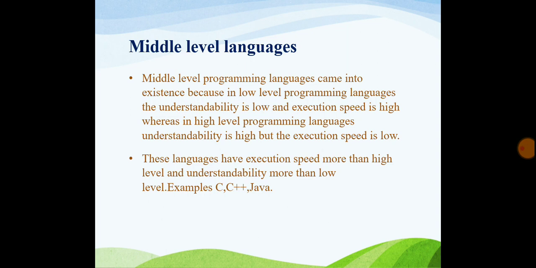We have languages like C and C++. These are all middle level languages, because they allow the programmer to work with the computer memory and the data, and also provide all the features of high level languages. And in the high level languages we have Java, C#, Python, etc.